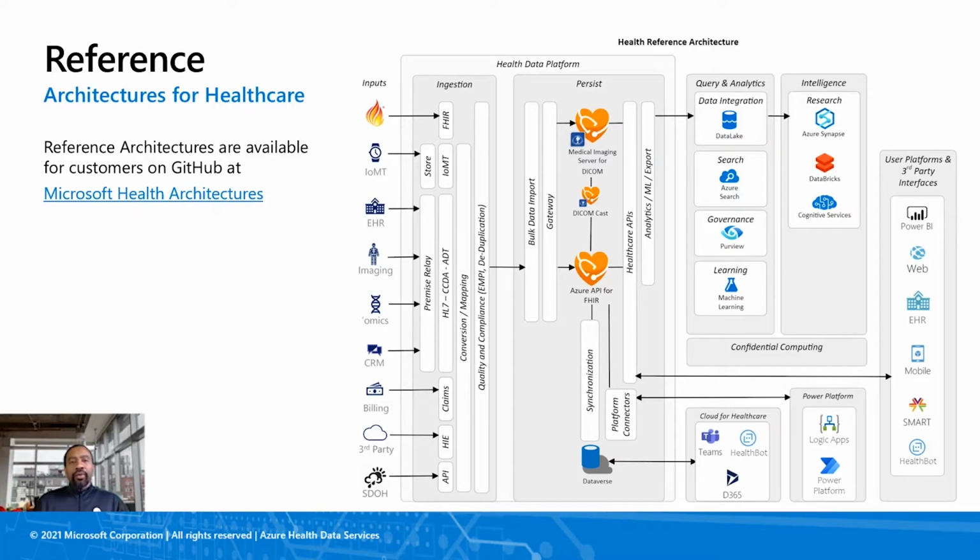Quickly, before I go into a discussion about the reference architecture, there were a few questions in the chat that I just wanted to quickly touch on. The first one really was related to performance and the ability to move significant amounts of data from an external data store into API for FHIR.